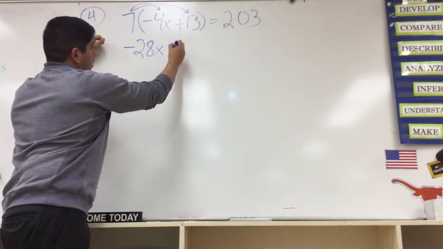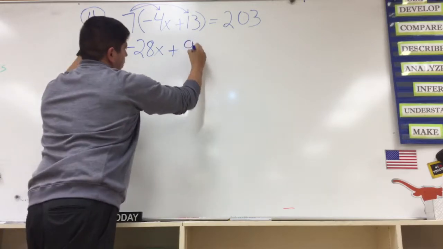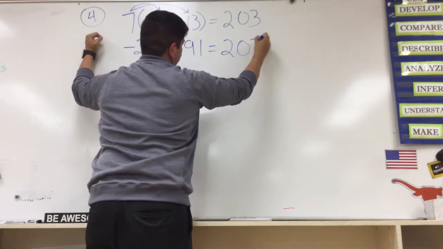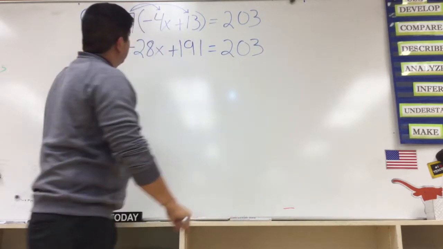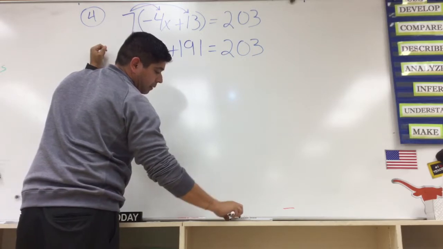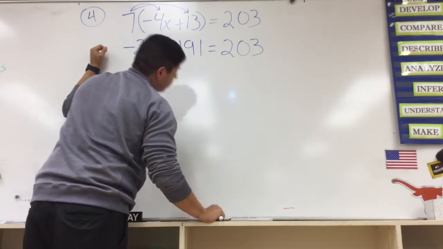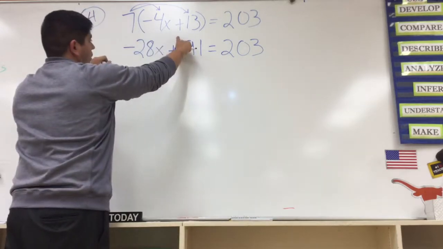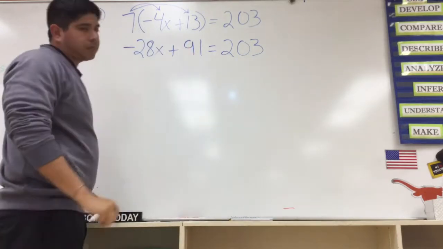So it'll be plus 91 equals 203. If I'm not sure, then you just make sure it's 13 times 7. Not 191, 91, sorry. There we go.